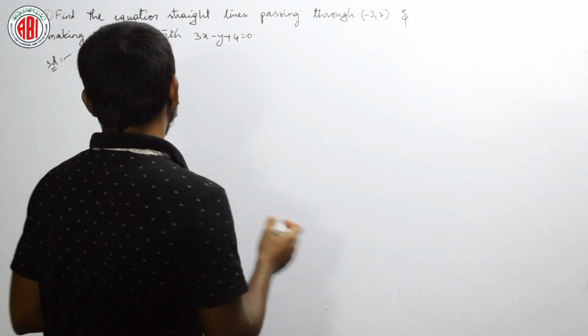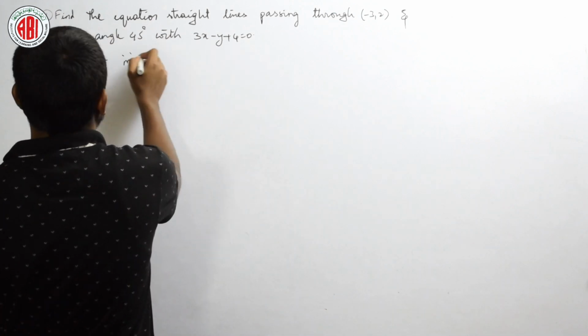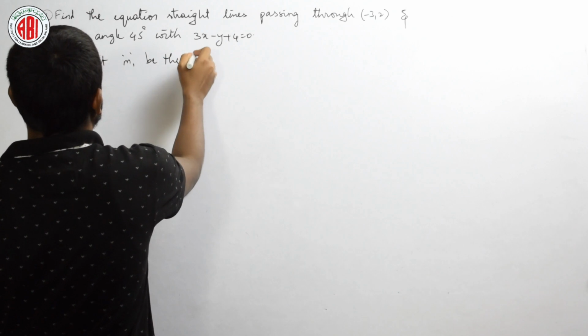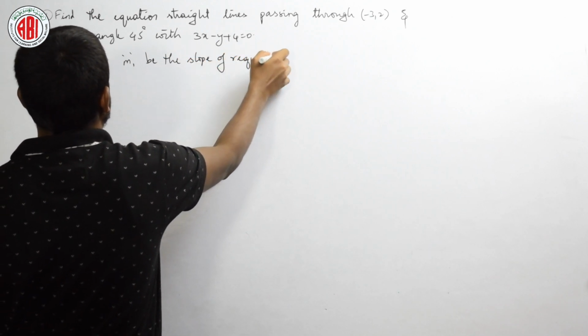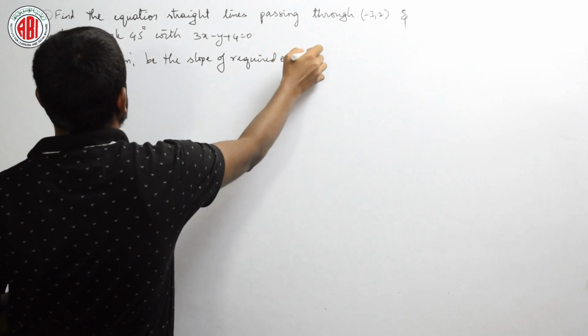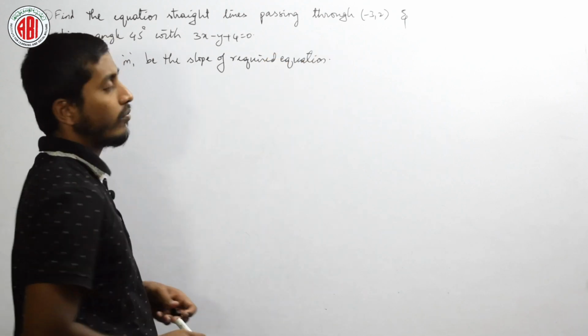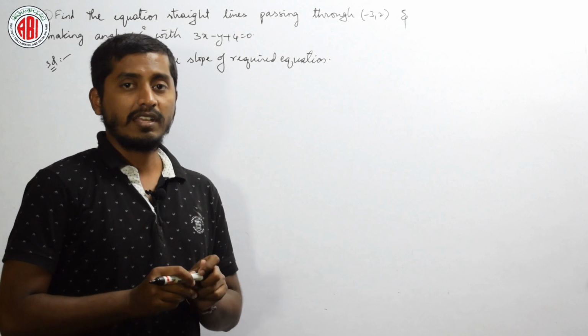Let m1 be the slope of the required equation. Is it okay? And what is the given equation?